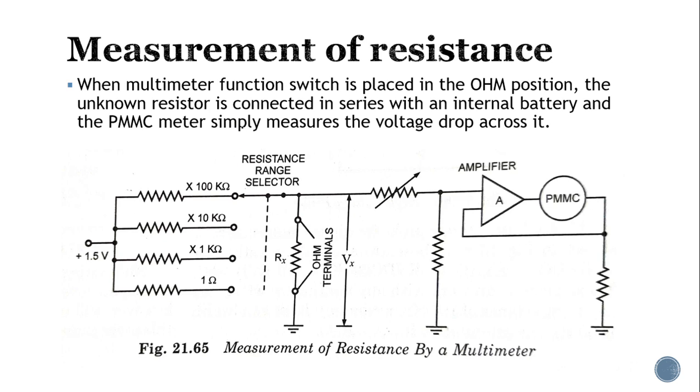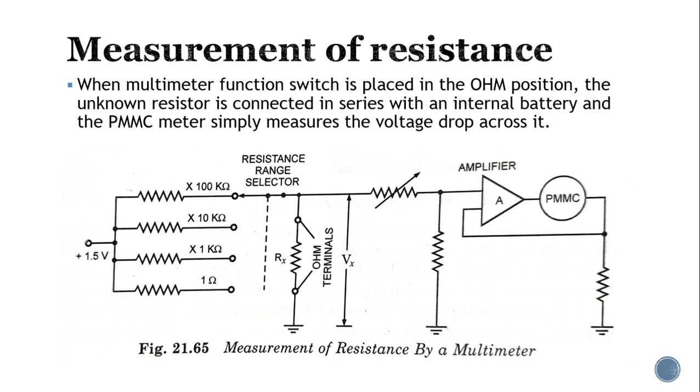Next is the measurement of resistance using the electronic voltmeter. You are going to place your unknown resistance in this section over here. You can see that it is placed in series with a train of resistors. According to your range, you can select the position. If you want only 1 ohm, it is going to be connected to the last terminal over here.